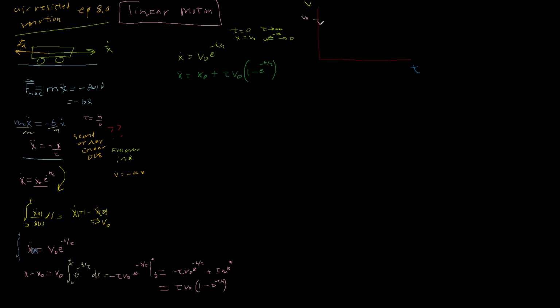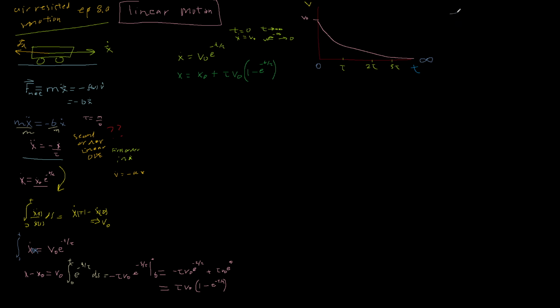And so what does this graph look like? It's going to look like this, right? And this is going to be infinity, and it's going to be 0. So there are some interesting points I want to highlight on this graph: tau, 2 tau, and 3 tau. Why am I highlighting these?